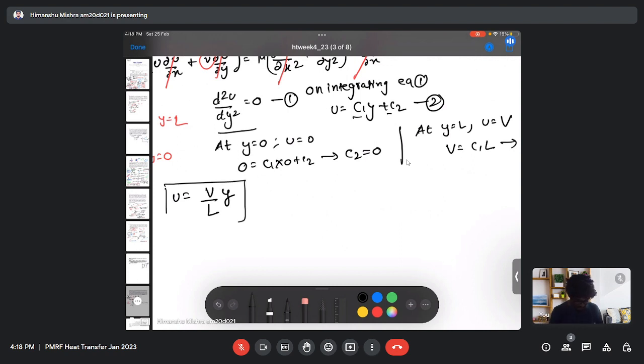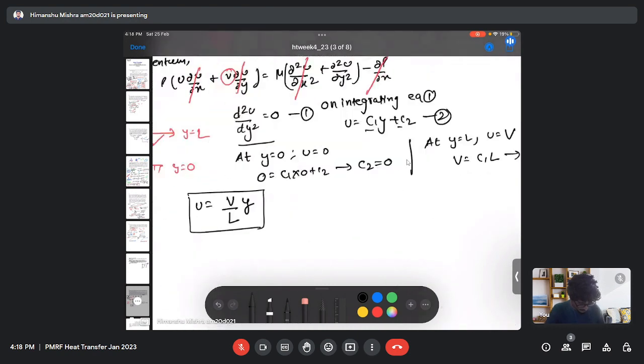So this will be my velocity profile, or the variation of the velocity in fluid flow.